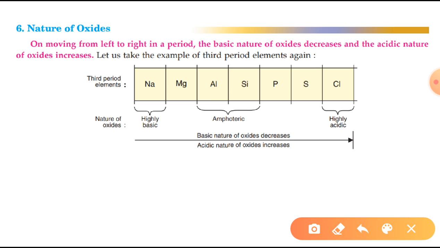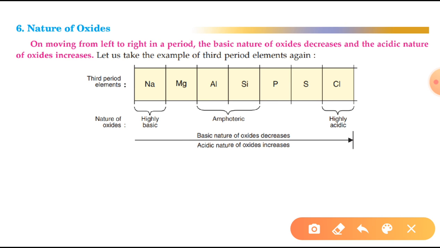Here on your screen, it's nature of oxides. Students, you must know that it has been discussed in the chapter metals and non-metals as well. Oxides of metals are mostly basic in nature, while oxides of non-metals are acidic in nature. Though some metals, including metalloids, have amphoteric oxides.